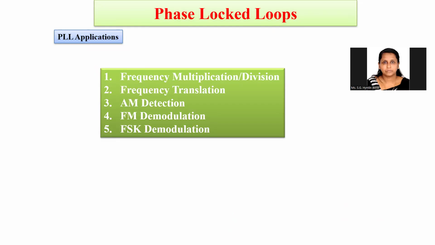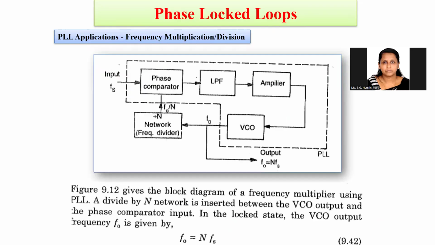First one is frequency multiplication or division. It has the normal PLL block diagram along with a divide-by-N network. It is nothing but a counter. Here the highlighted part represents the PLL, and this will be a frequency divider network.